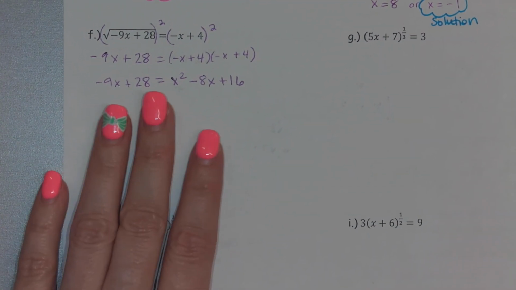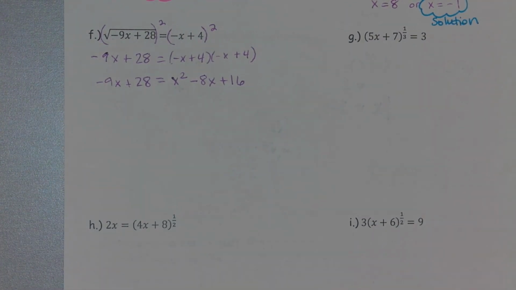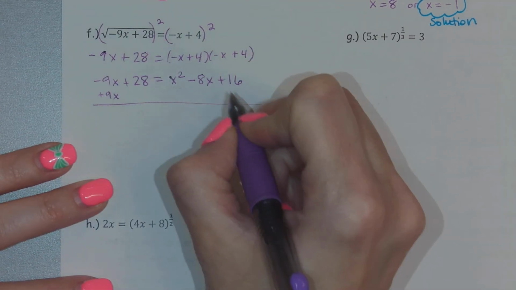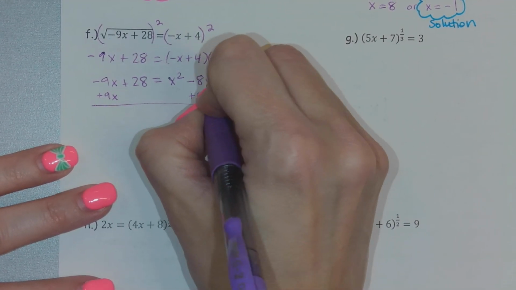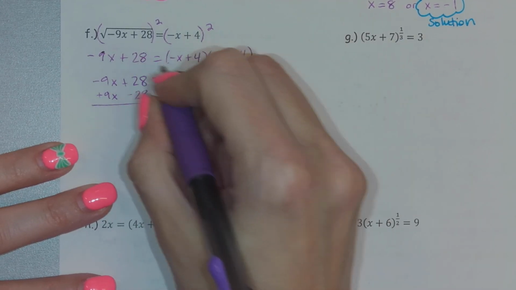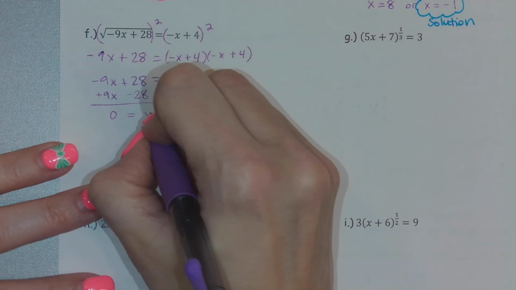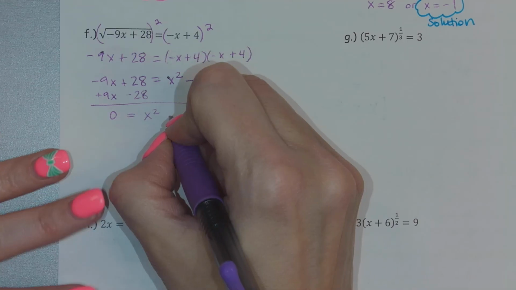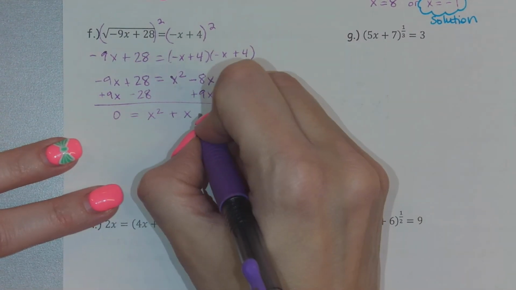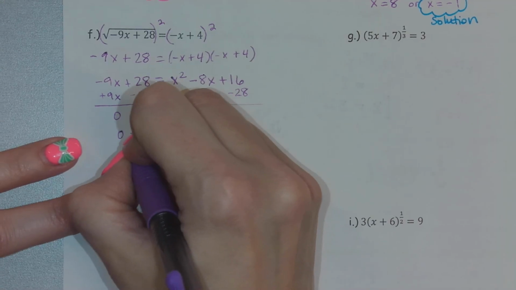Okay, and then Elijah, once we get here, what do we do now? Put the terms on one side. Yes, yep. So get all the terms on one side, and you can choose which side you want to move them to. I always like to choose the side that's going to leave that x squared positive because I just think that's a little bit easier. And then, yep, we're going to factor.